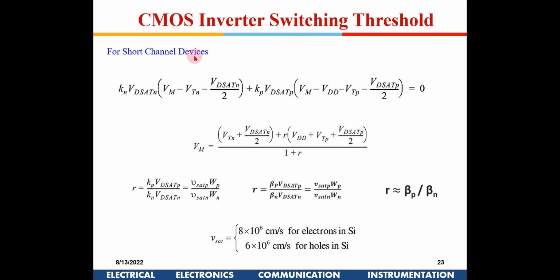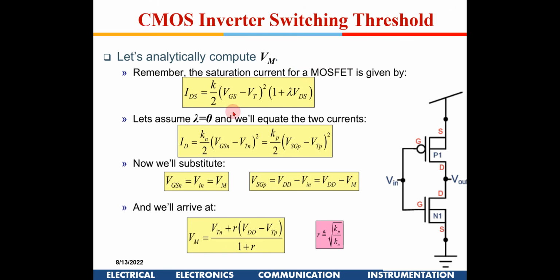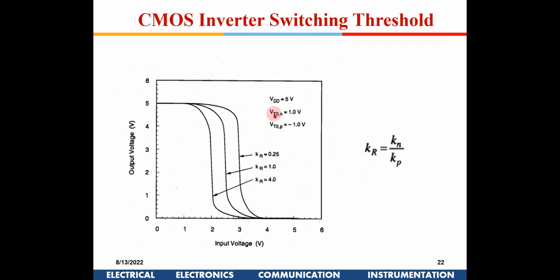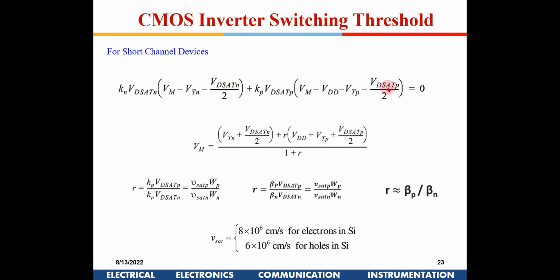Now for short channel devices, the current equation, this is the equation which we used, right? So that equation gets modified with the VD saturation equation. So these equations take care of the saturation also. If I do the substitutions, then I will get R equal to Vsat P divided by Vsat N. Instead of mu, now I get Vsat.